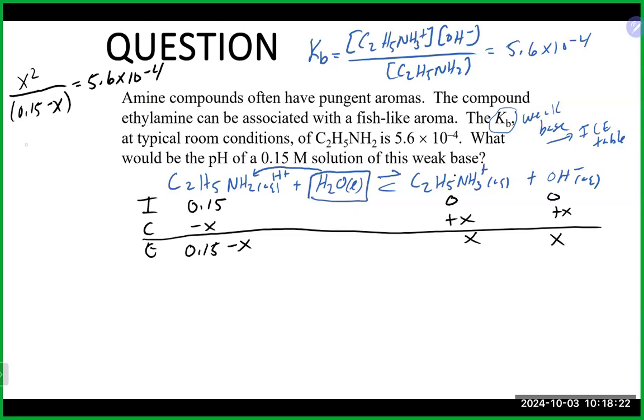It's a small Kb value, which means we could assume x is equal to 0. And if you do that and you check it, it is a bad assumption because it's like 6.1%. If you did check, again, a good reminder that you should check. By the way, when you check your assumption here, it's that percent ionization calculation, which means you can use the percent ionization calculation we solved for bases as well.